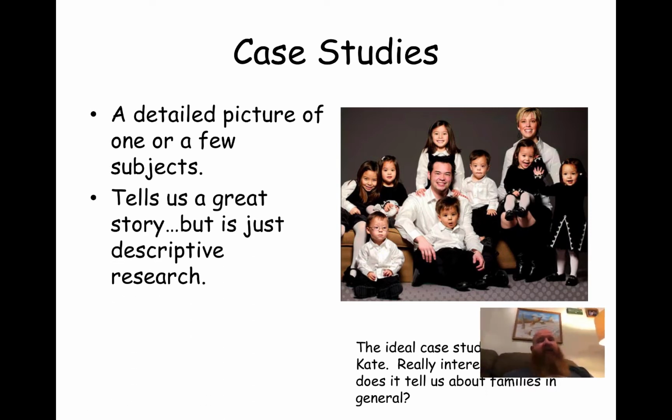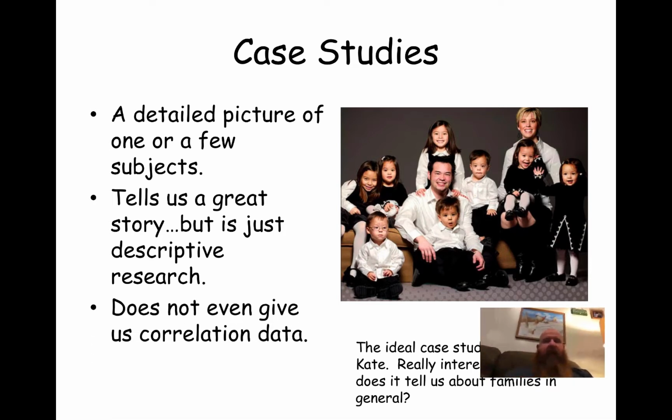The thing about case studies, though, is all it would tell us is a story. It's just descriptive, meaning we still can't get any correlational data. We don't know any relationships going on other than what we see, and you don't always see everything. So case studies again are useful.